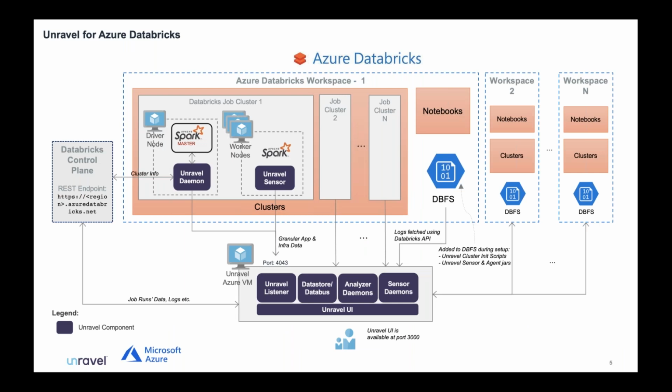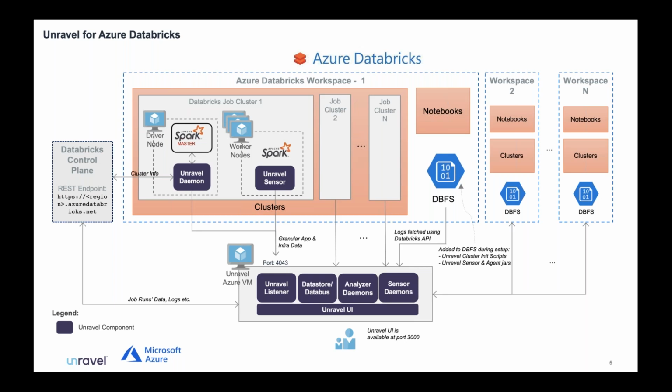As I mentioned, there are a couple of components that do get deployed on the Azure environment. We deploy to the cluster, and we have a daemon that communicates back to the Unravel Azure VM, collecting logs and making API calls on behalf of Unravel within each Databricks cluster, and you can configure it to monitor each of the workspaces that you have.